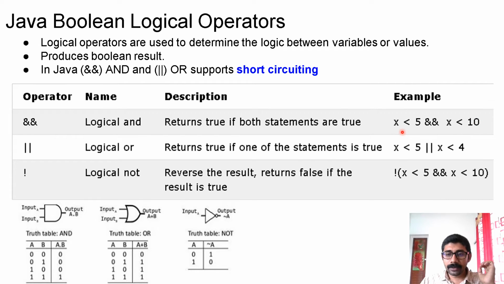So in Java, in the case of AND operation, when the first expression is false, it will not try to evaluate the second expression, because when the first is false, false and anything is false only. So when the first part is false, the second will not be evaluated. That is called short circuiting in AND.